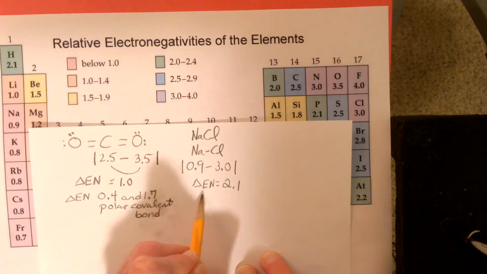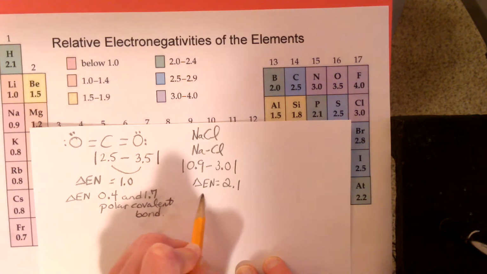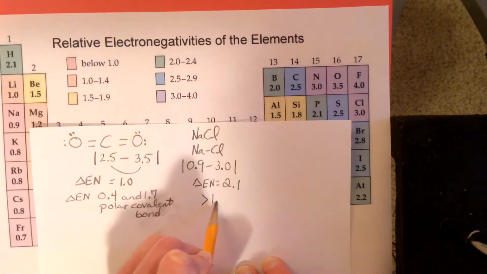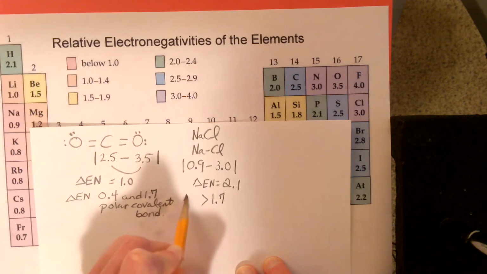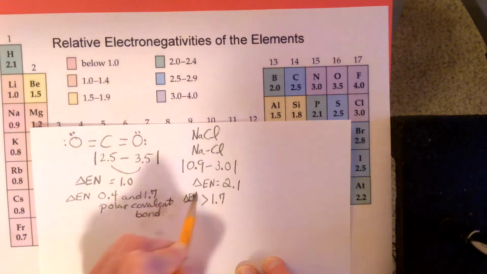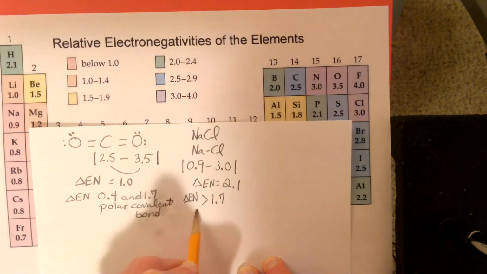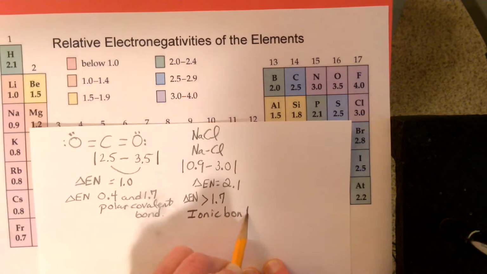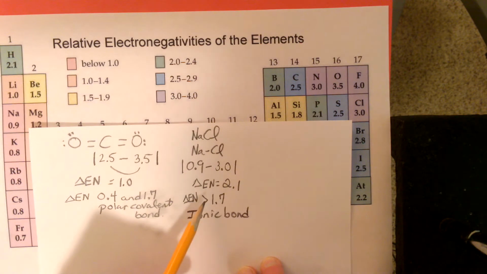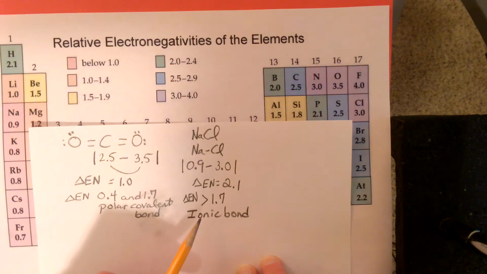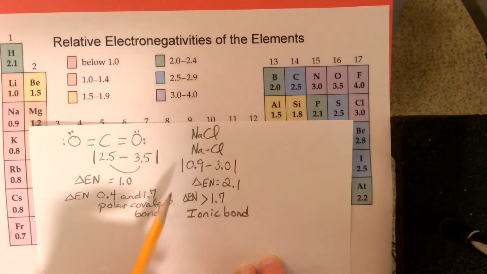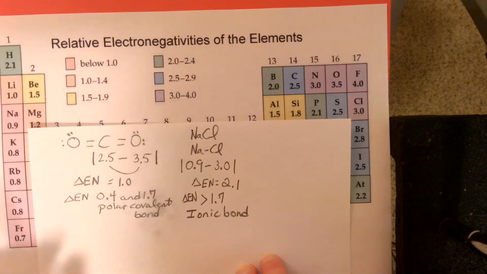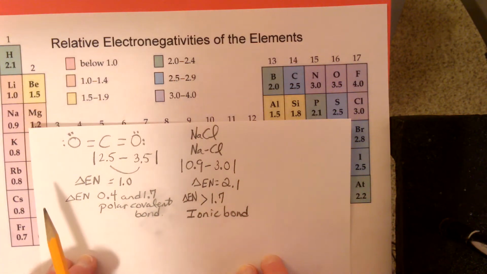When this electronegativity difference is greater than 1.7, we consider that an ionic bond. Anytime the electronegativity difference is greater than 1.7, and some include 1.7, it would be considered an ionic bond. And we know that ionic bonds are typically found between metals and nonmetals.